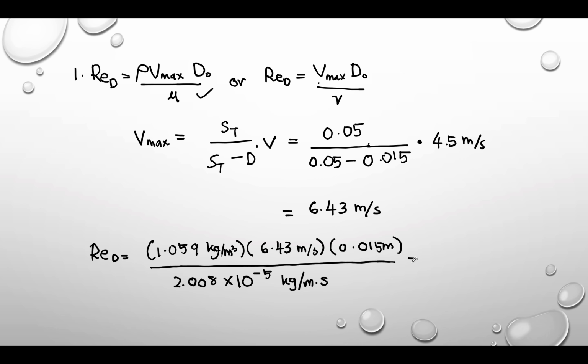From this, you will get your Reynolds number equal to 5086.